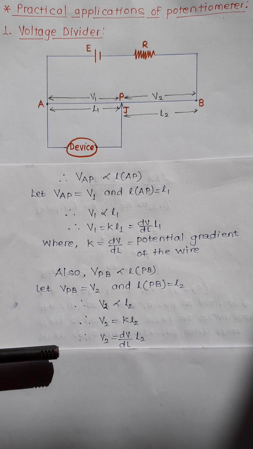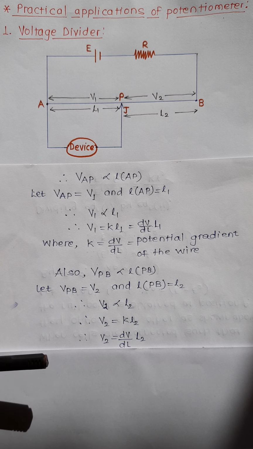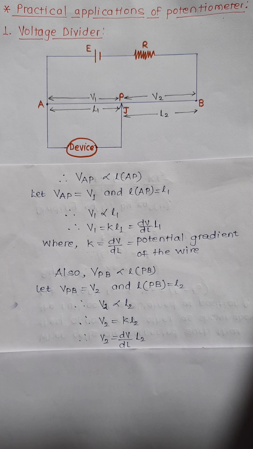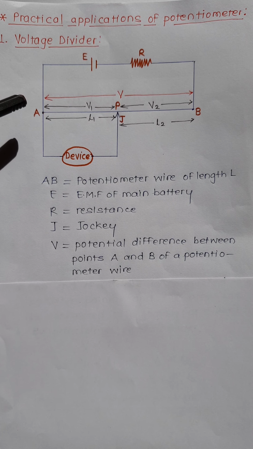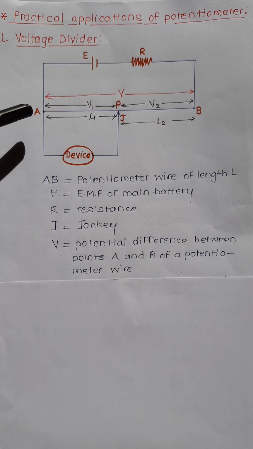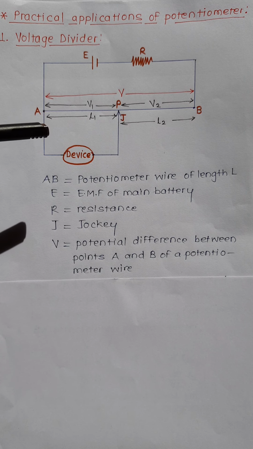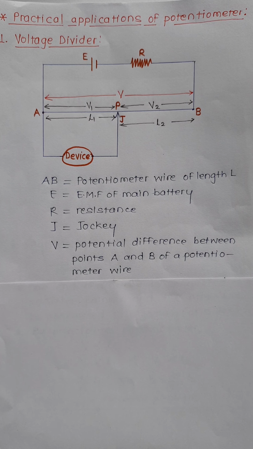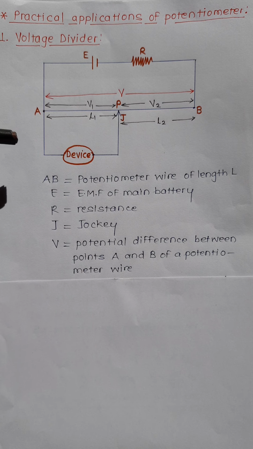V2 is equal to K L2, or we can write V2 is equal to dV by dL into L2, where dV by dL is the potential gradient of the wire. Now see this circuit. Voltage V is divided into two parts, V1 and V2, which are in proportion of lengths L1 and L2. So in this way, potentiometer can be used as a voltage divider to continuously change the output voltage of the voltage supply.